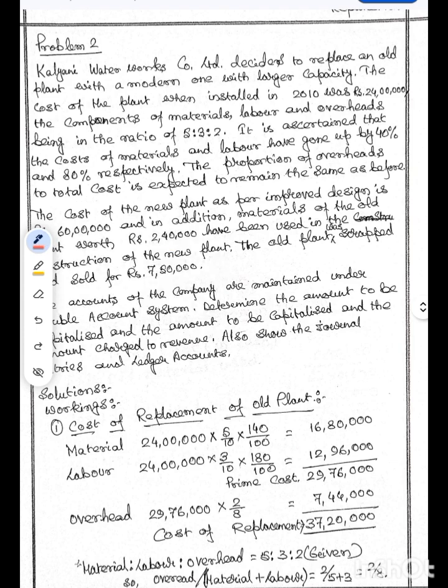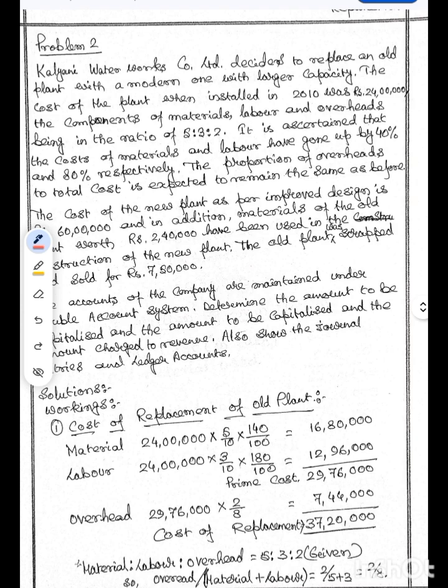this is our problem number 2. Kalyani Water Works Company Limited decides to replace an old plant with a modern one with larger capacity. The cost of the plant when installed in 2010 was rupees 24 lakhs.